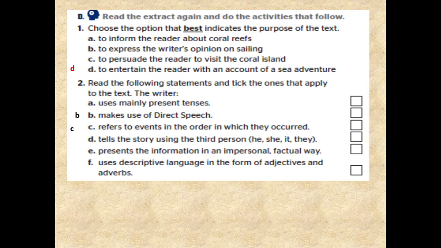The writer presents the information in an impersonal, factual way? No, this piece of writing does not call for information or facts like that. The writer uses descriptive language. Also, descriptive language is a narrative technique, which is used in writing a story or narrative. Good.